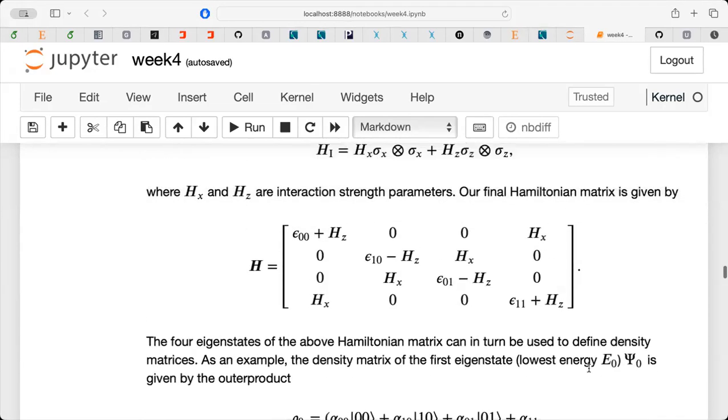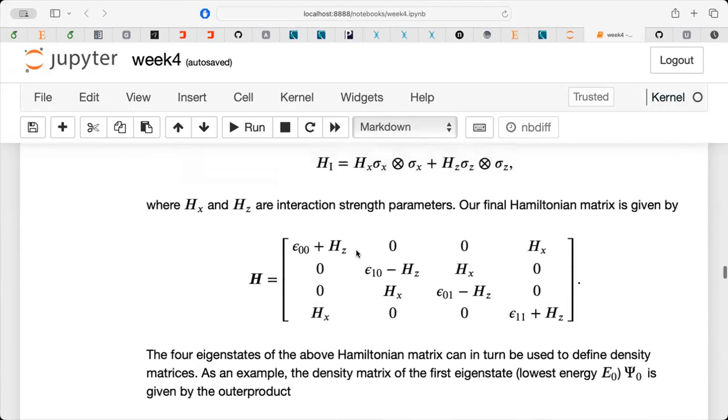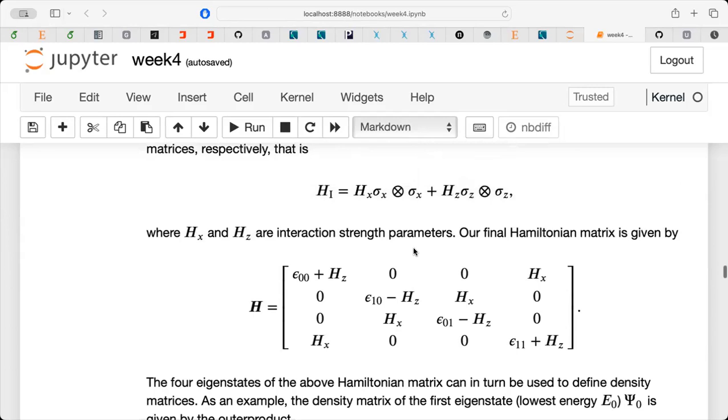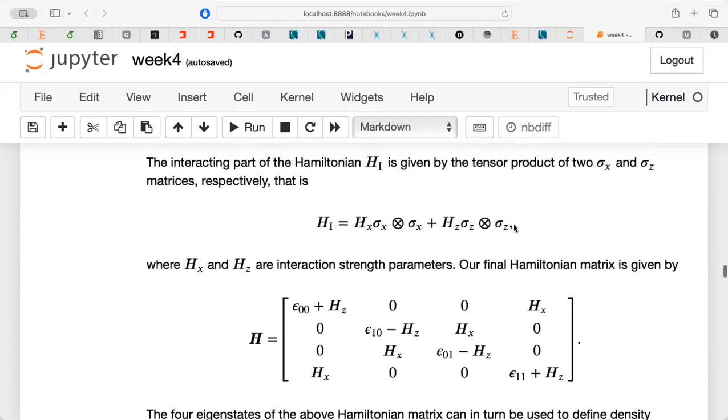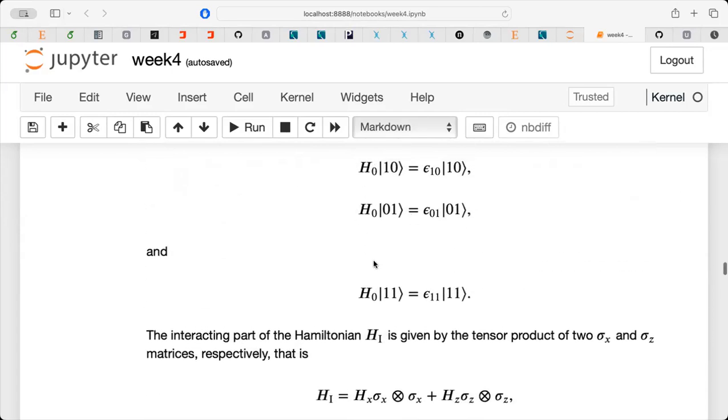So let's go back a little bit and just look at the Hamiltonian matrix. What we are going to do now is multiply these matrix elements with a constant lambda, which we let go from 0 to 1. If lambda is equal to 0, then our Hamiltonian will just contain the known part.